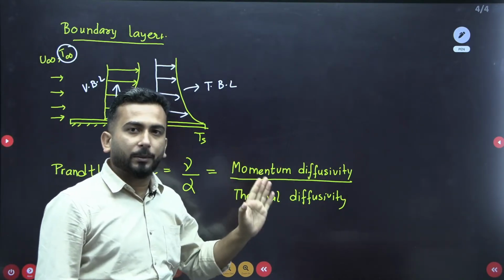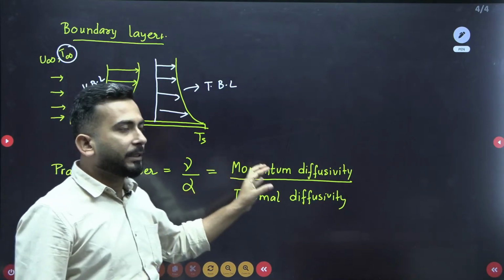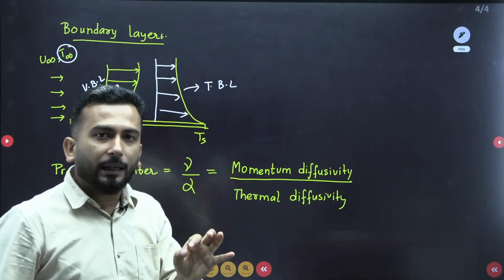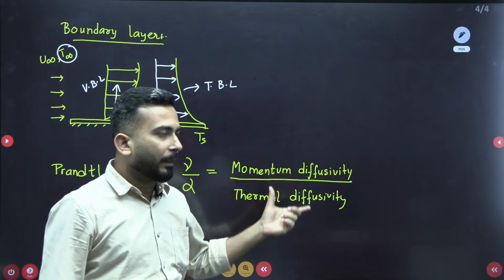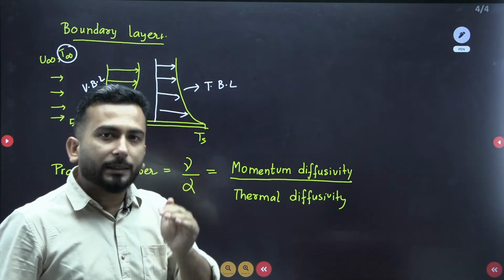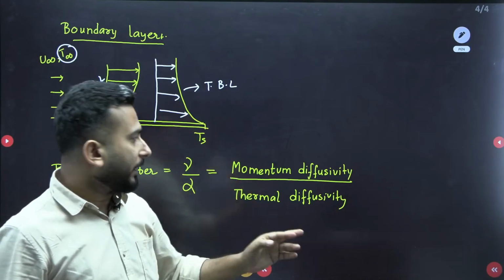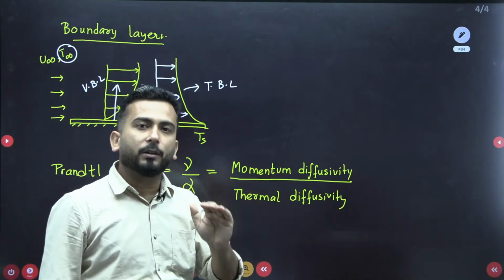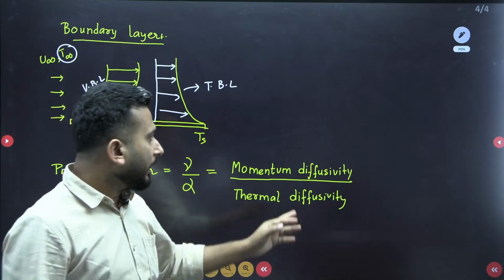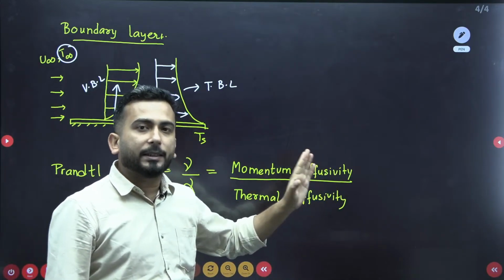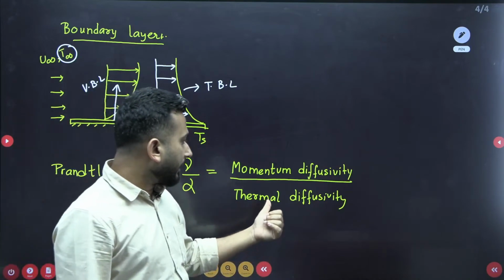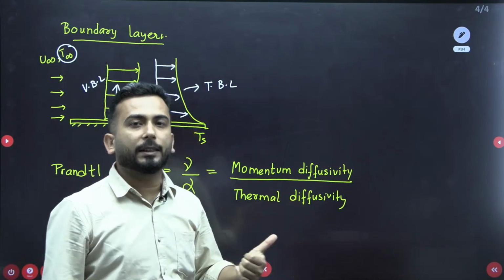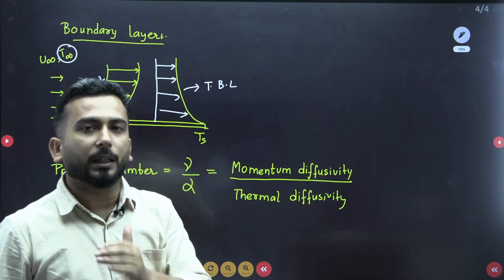I repeat again, from the name itself, nu by alpha: momentum diffusivity gives us an idea at what rate momentum is getting diffused, and thermal diffusivity tells us at what rate heat is getting diffused. Momentum diffusivity gives us an idea about the velocity boundary layer, and on the other hand thermal diffusivity gives us an idea about the thermal boundary layer.